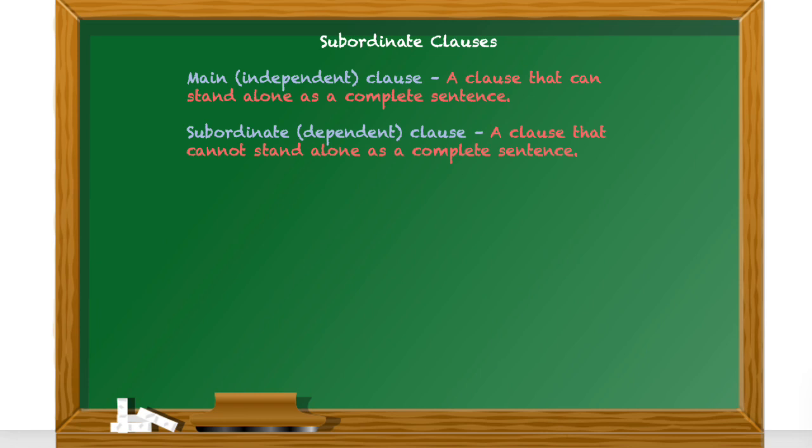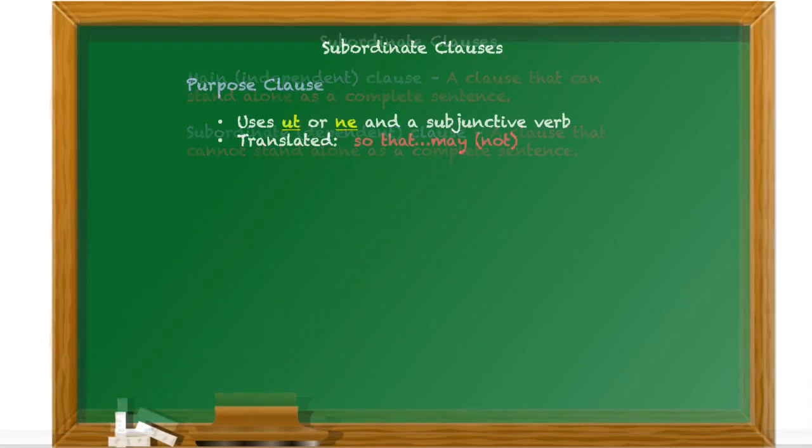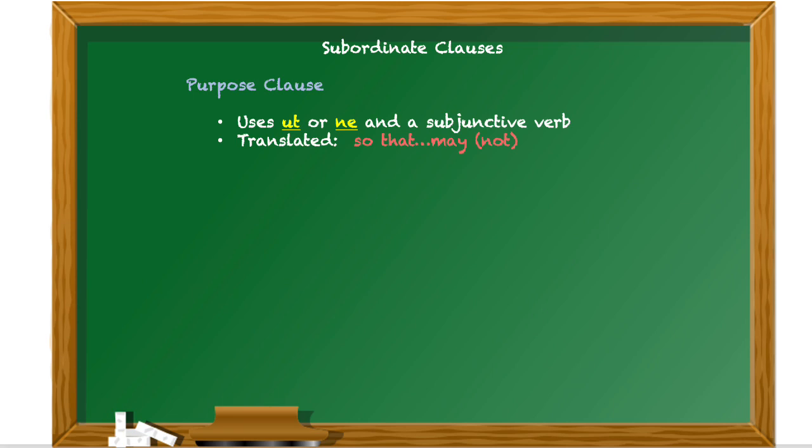And there are several types of subordinate clauses in Latin. And the first one you're going to learn about is the purpose clause. In Latin, the purpose clause uses either the word ut or ne. So you will always see the word ut or ne, and that's what starts off the purpose clause in Latin. And then that's followed by a subjunctive verb.